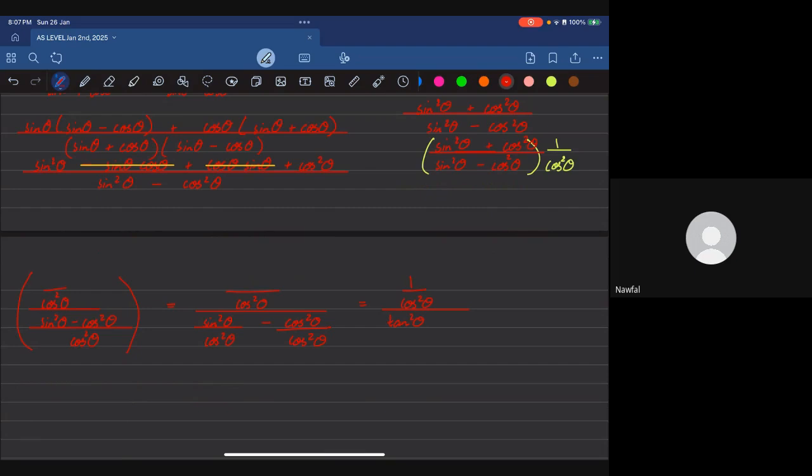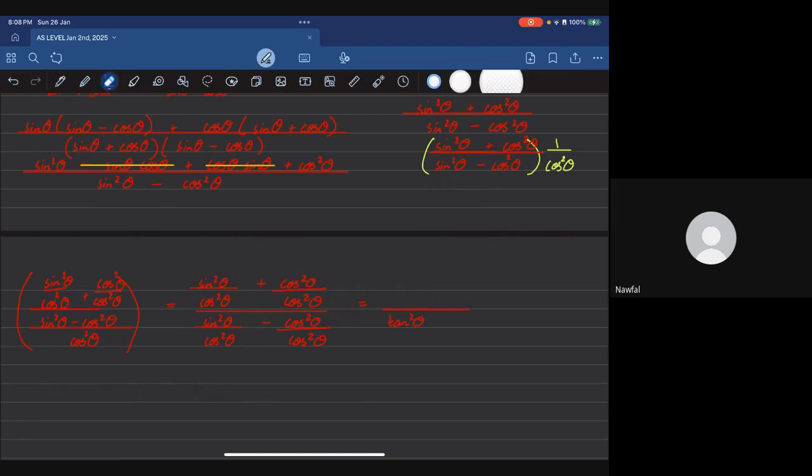I can do it the same way with the above part as well: sine square theta plus cos square theta over cos square theta. Clear? So the top part can be written just like the bottom part, because both parts are the same and the only difference is that it's plus 1.